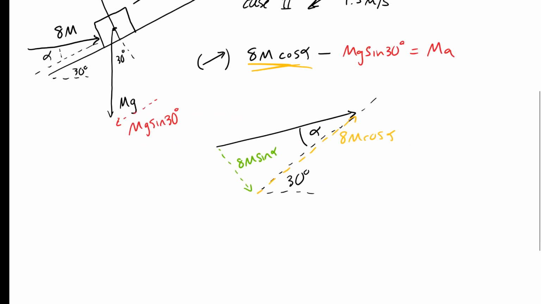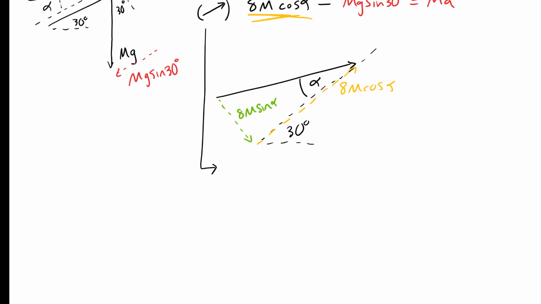Okay, so that equation, we'll bring that down, and we can take m out of the equation. So we can write 8 cos alpha minus g sine 30. Sine 30 is just 1/2, so we'll put that over 2. Acceleration is 1.5. So the only unknown there is alpha.